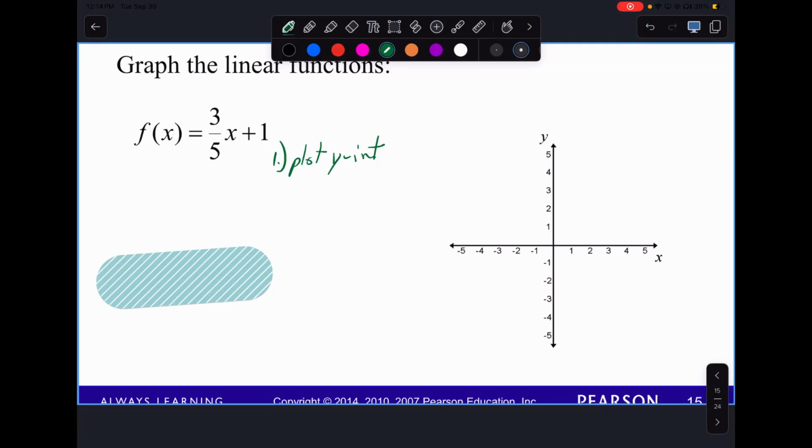What's our y-intercept? 1. So I'm going to go up 1. Okay, now step 2 is we plot the next point or points using slope.